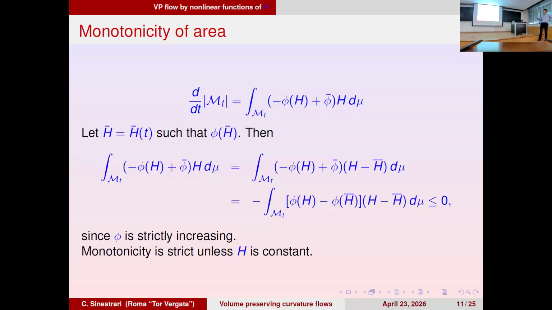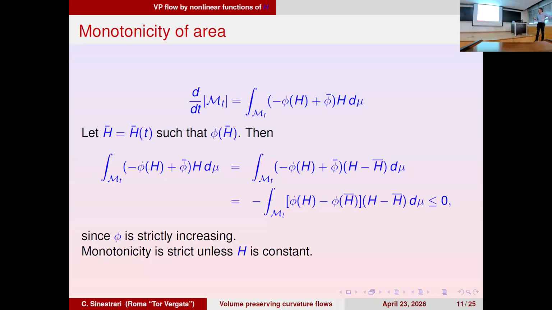So we have phi bar is the average of phi. Then let me define h bar such that phi of h bar is equal to phi bar. You can find a unique value because phi is strictly monotone. So you can regard the average of phi as phi computed in something which is close but not necessarily equal to the average of H.